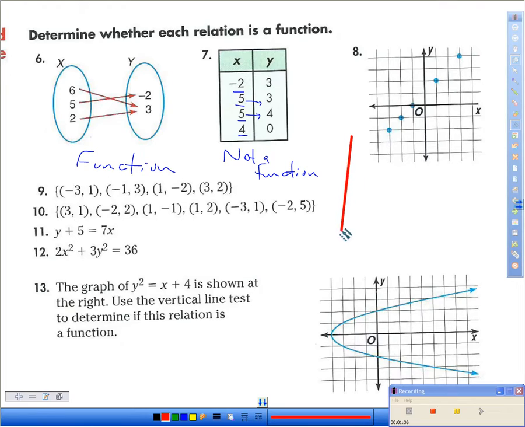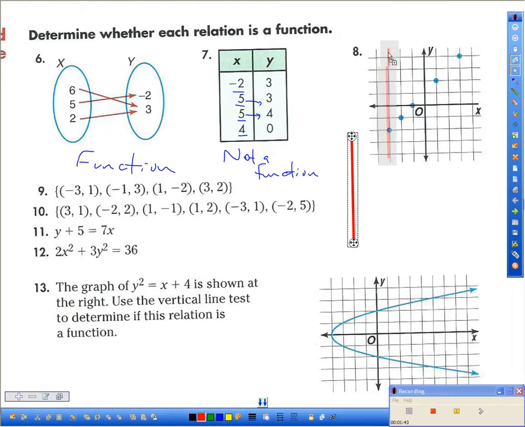All right, when we are given a graph to determine whether or not a relation is a function, we can use the vertical line test. We said in class that means we can draw a vertical line, or use our pencil, and move that pencil across the page. As we move the pencil across the page, does it touch any two ordered pairs, or any two spots at the same time?